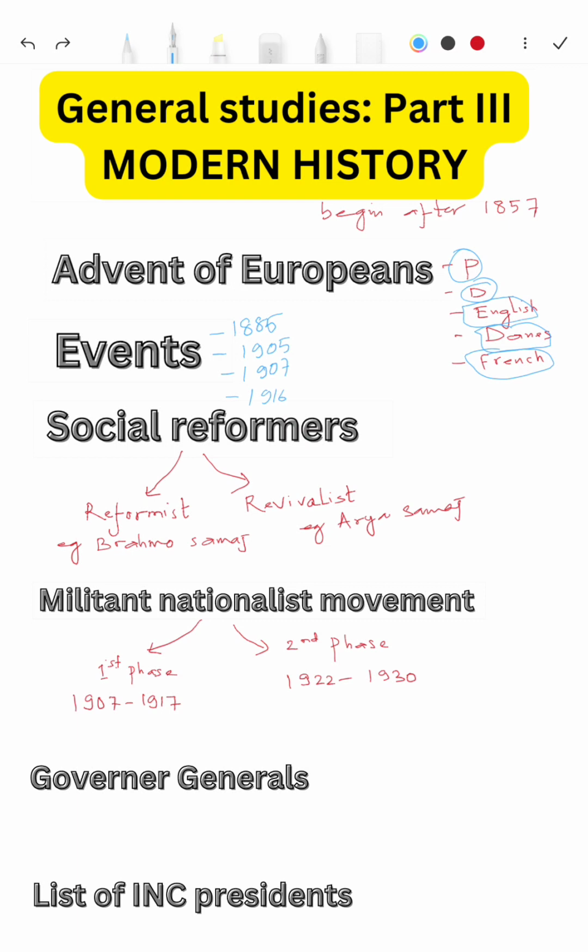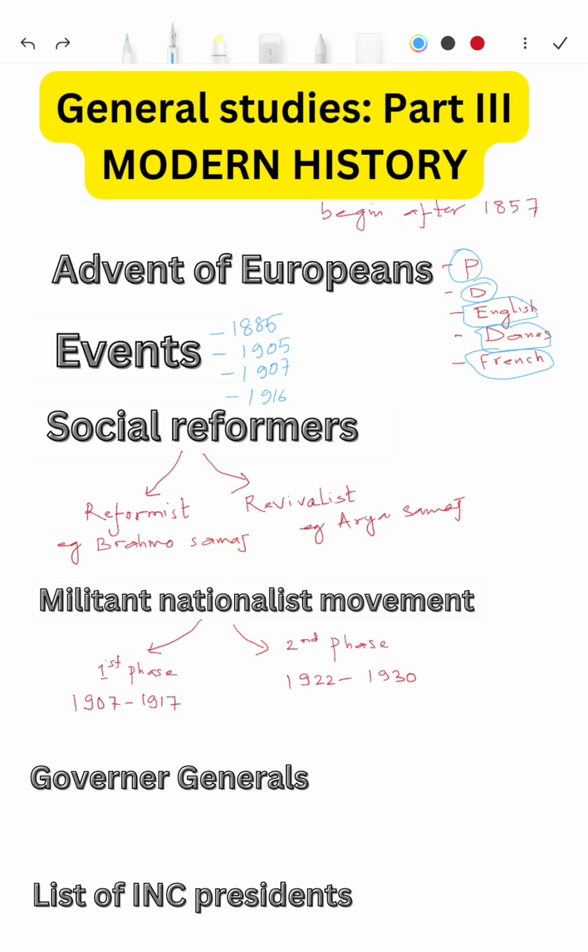The evil practice of sati was banned through the initiatives of the Brahmo Samaj. On the other hand, revivalists try to revive the old societal conditions. An example is the Arya Samaj, founded by Dayanand Saraswati, whose famous slogan was "Go back to the Vedas."